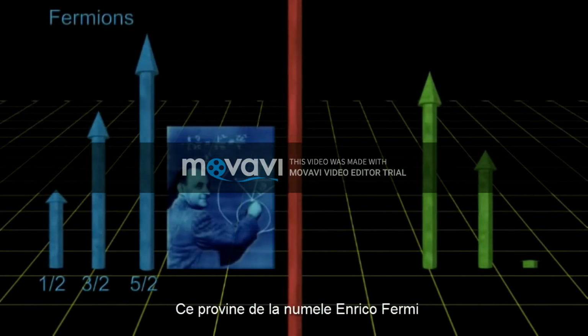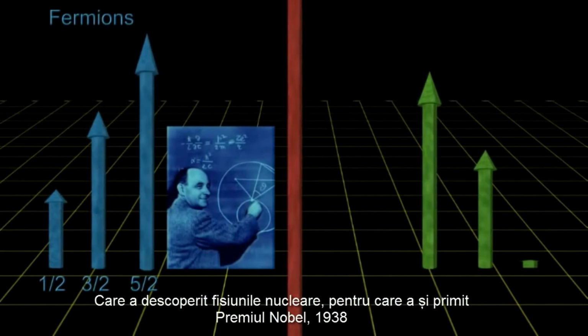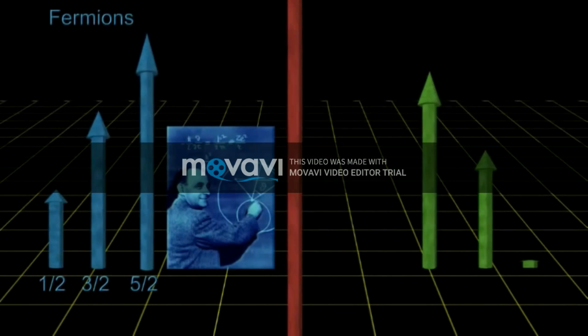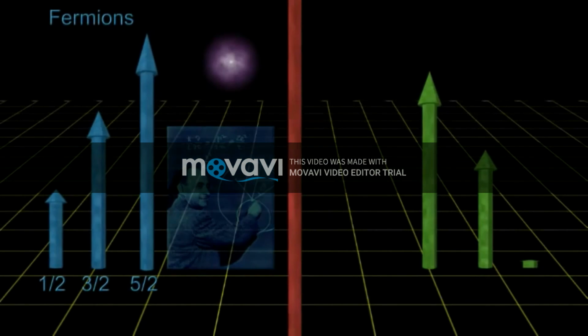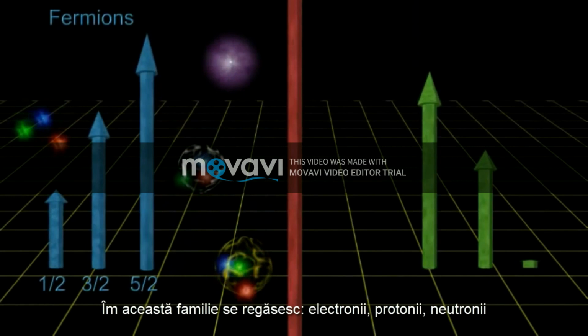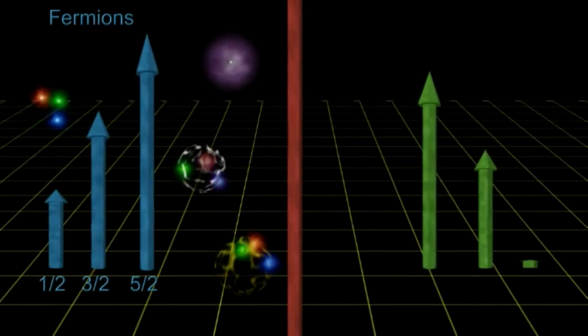The name comes from Enrique Fermion, who along with Paul Dirac developed the statistical methods of dealing with them. Fermions are said to have half-integral spin. And as indicated above, electrons, quarks, protons, neutrons are all in this family.